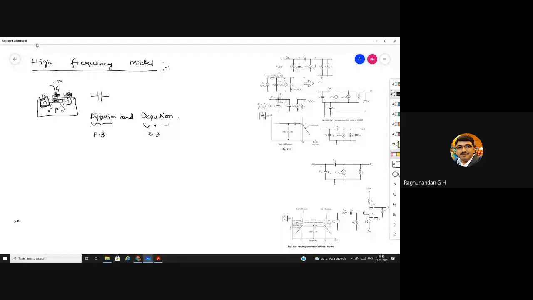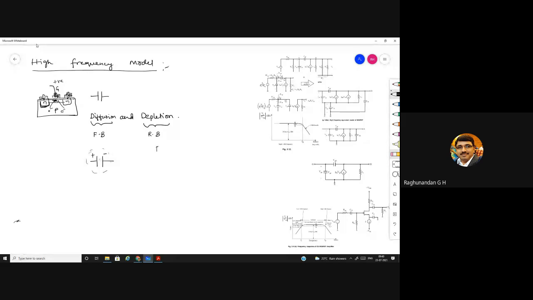So first we need to understand why we are considering capacitors with respect to the junction. The basic principle of the capacitance tells that we'll have a positive plate and a negative plate, in between which we'll have a dielectric medium. The same principle is being compared with the PN junction.